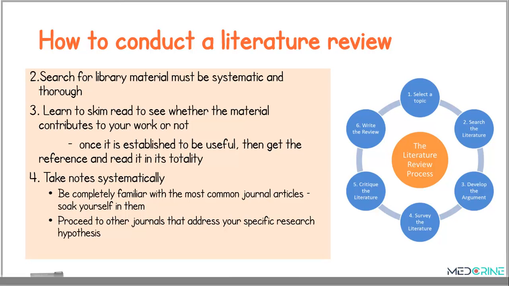After that, you take your notes systematically by being completely familiar with the most common journal articles and soaking yourself in them. Then proceed to other journals which address your specific research hypothesis. In summary, we first select a topic, then search the literature, develop the argument, survey that literature, critique the literature, and write the review.